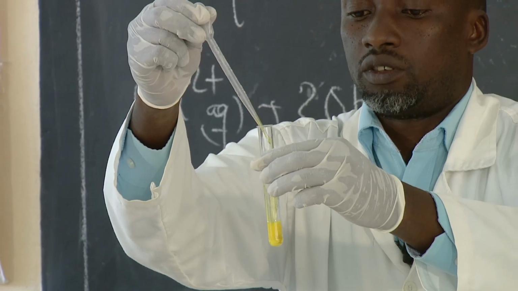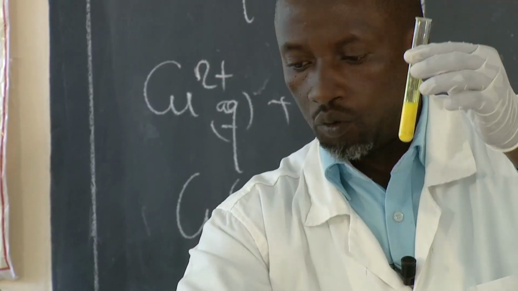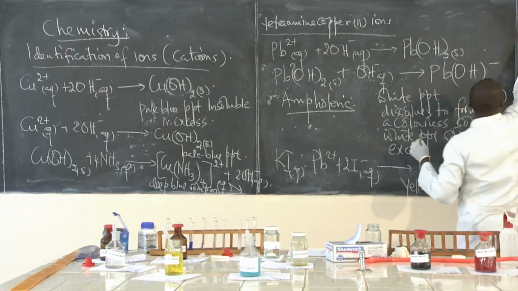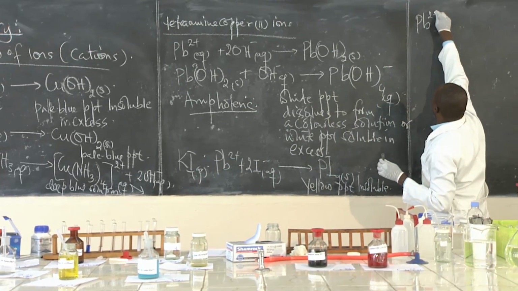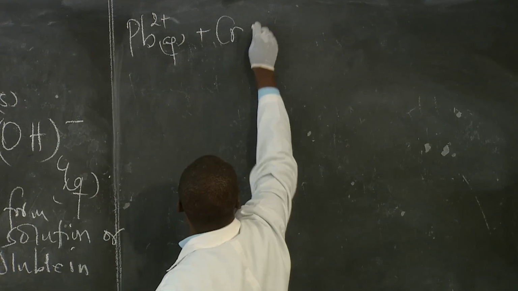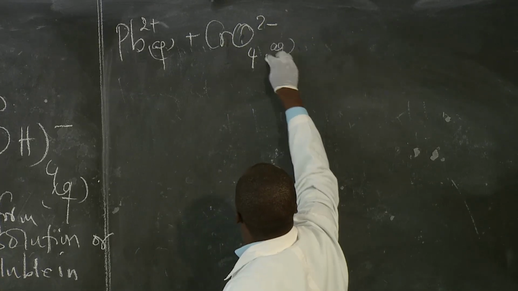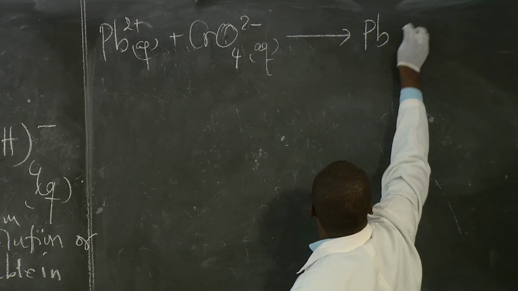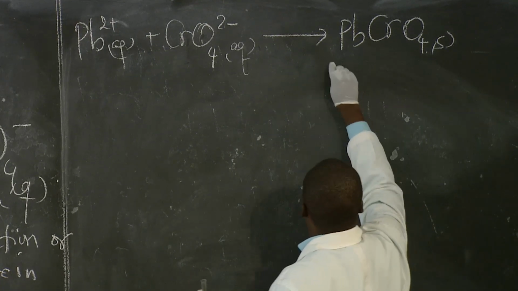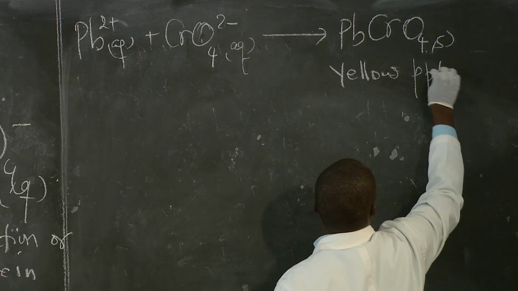The same observation is made as with potassium iodide. See what happens? Here you have the lead ions reacting with the chromate ions, and then you form lead chromate. This is also a yellow precipitate.